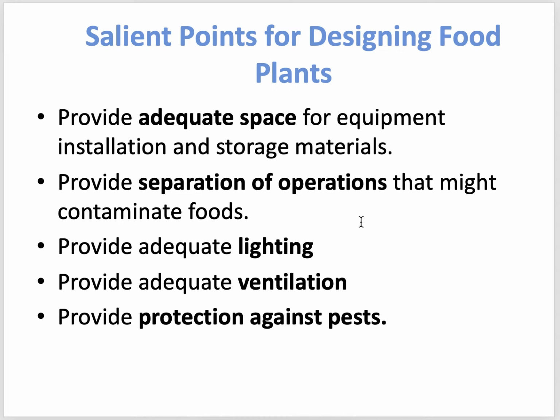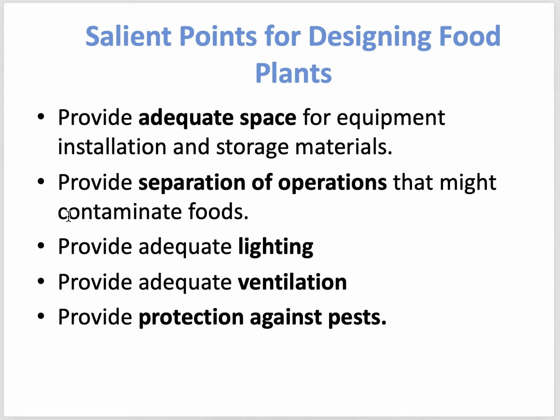That increases the chances of contamination. Your processed food can easily get contaminated from the raw materials if you do these two works in the same space. So that's why we should always provide separate places. You should do these processes separately. That means we have to provide separation of operations to prevent contamination.